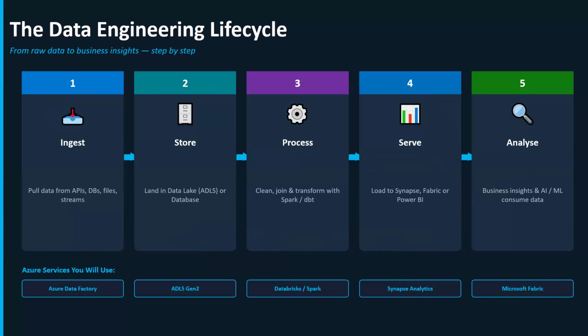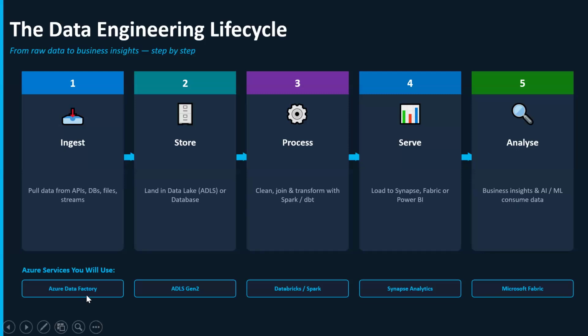So this is how he plays a key role in ensuring we get the right data from the right place in the right format at the right time. That's where data engineering helps a lot in a data project. So this is a simple life cycle of any data engineering project: ingest the data, store the data, process the data, serve the data, and ensure it is providing sufficient data to the right people to analyze further.